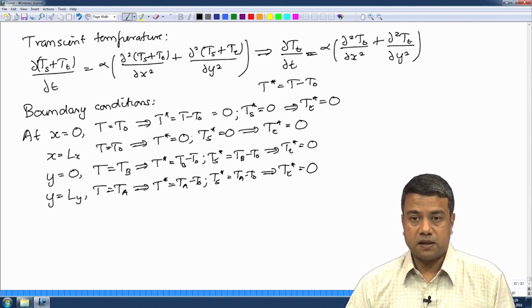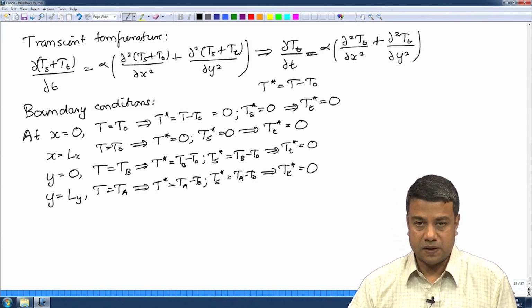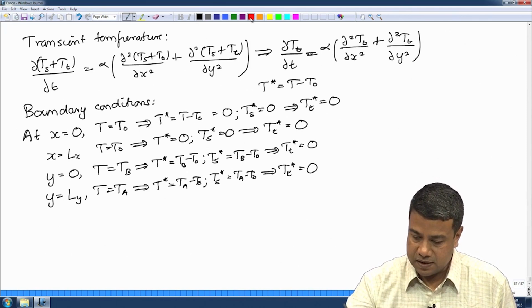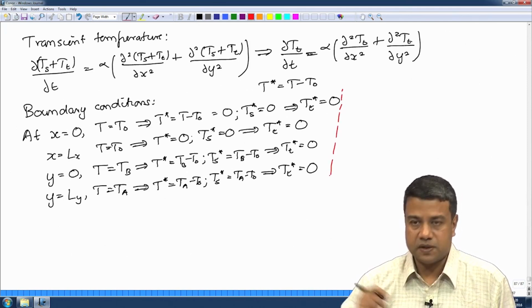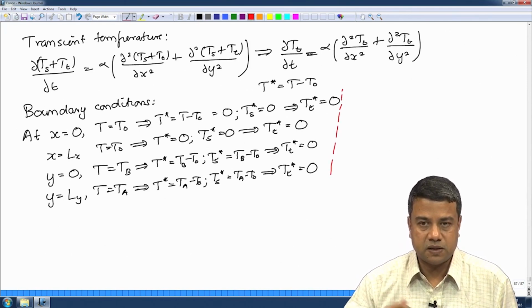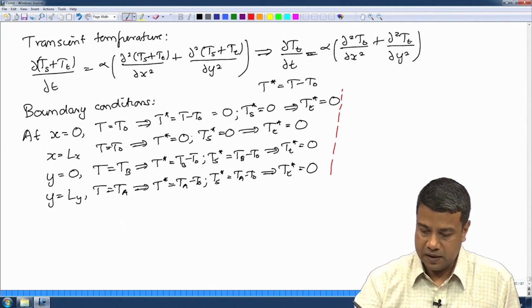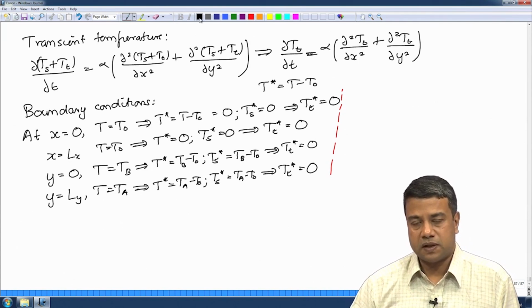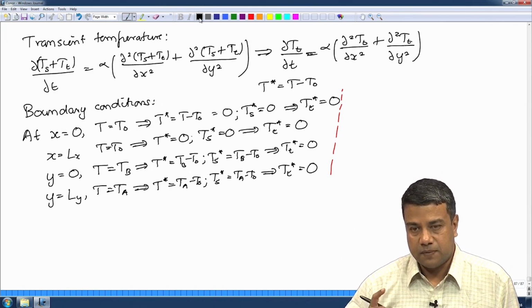So, when expressed in terms of the departure from the steady temperature, the transient part has 0 temperature boundary conditions on all spatial boundaries. It does not have a 0 temperature boundary condition at time t is equal to 0.